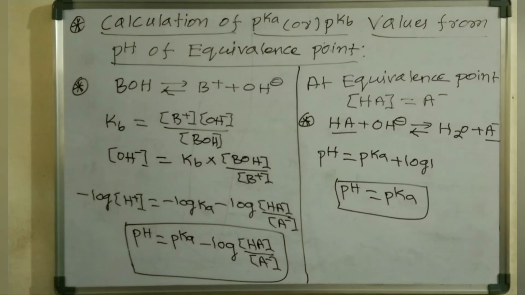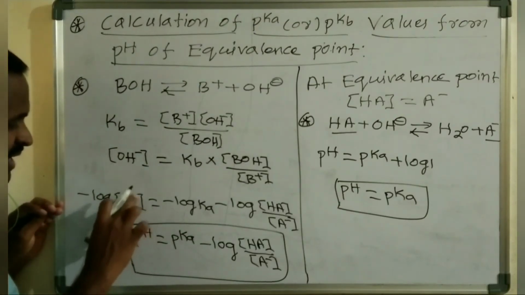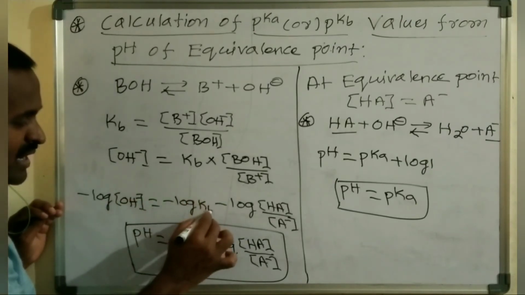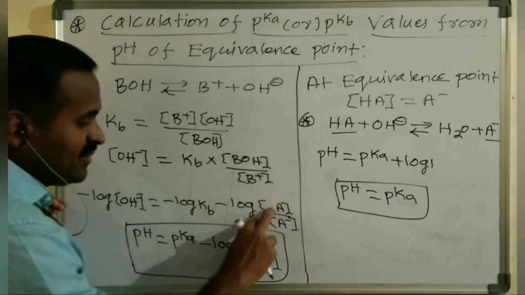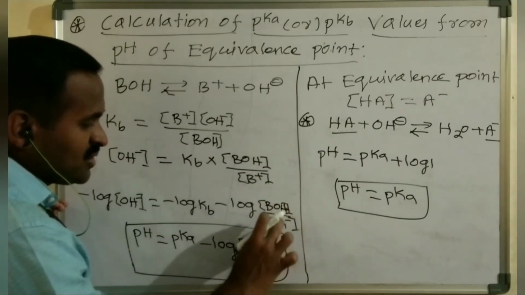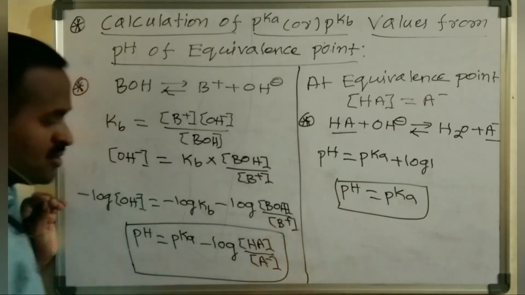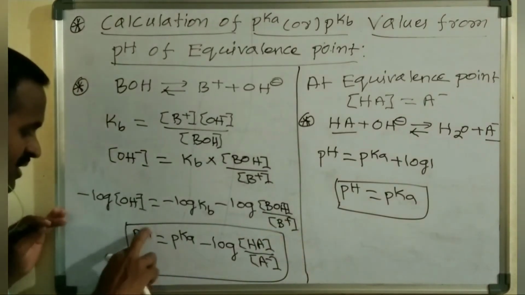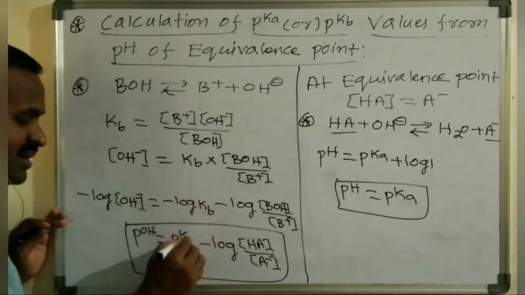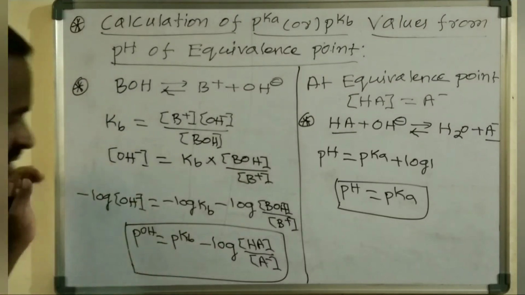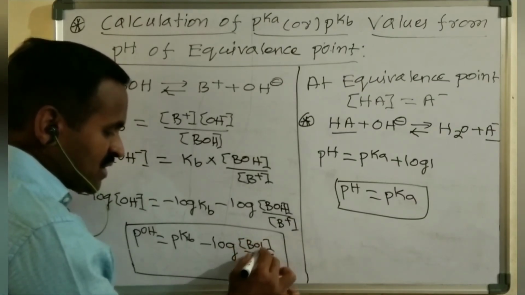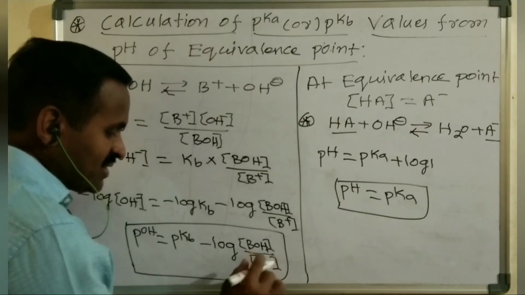Taking the minus log on both sides, minus log of OH minus is pOH, and minus log of Kb is pKb, and you get minus log of BOH concentration divided by B plus ion concentration.